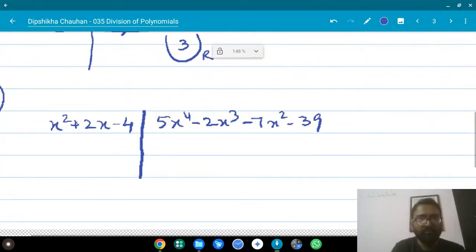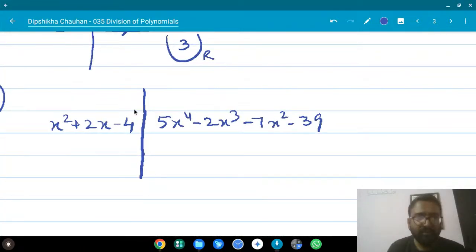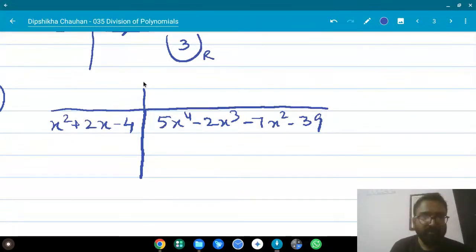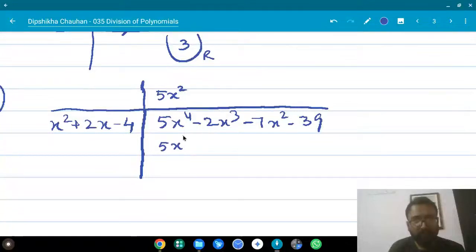Now you can extend this line, and we put the quotient on the top. What factor must be multiplied to get x power 4? It must be 5x square. Then it becomes 5x power 4, no, plus 10x cube minus 20x square.